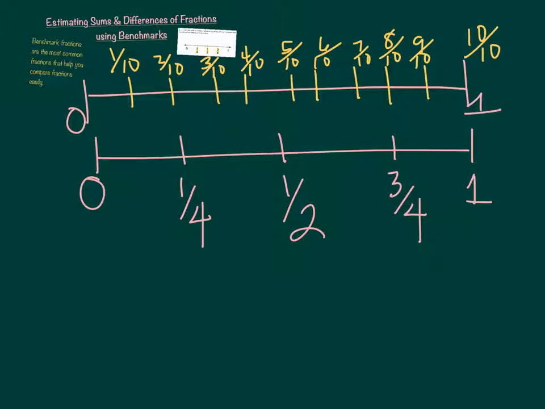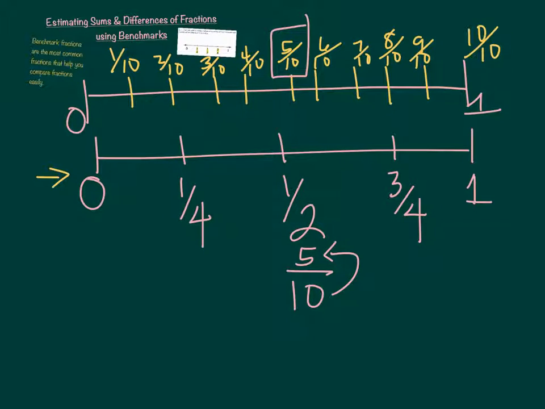Okay, so looking at my benchmark fractions, I see I have 1/4, 1/2, 3/4. Looking at my number line that I have up on the top that's broken up into tens, I can see that my half would be 5/10. And I know that because what is half of 10? 5. Excellent.